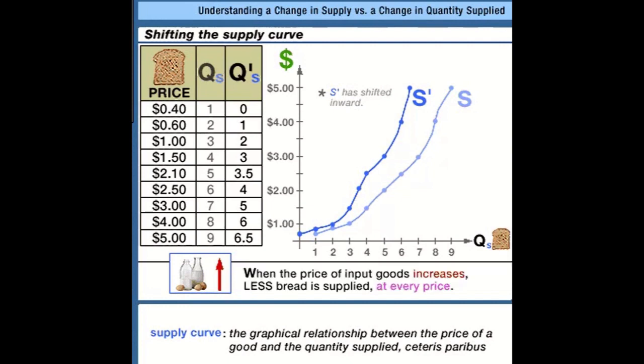Now, let's go back and review something that we talked about when we introduced the concept of shifts back in our study of the demand curve. If the price of bread changes, you move along your given supply curve. A change in the price of bread leads to a change in the quantity of bread supplied, and that's represented as a movement along a given supply curve.